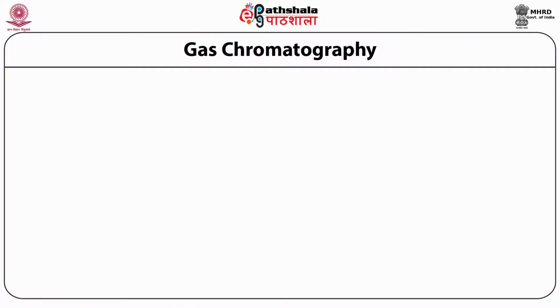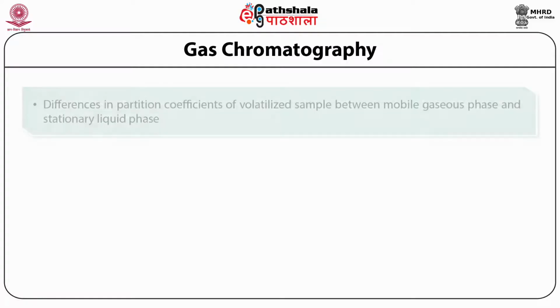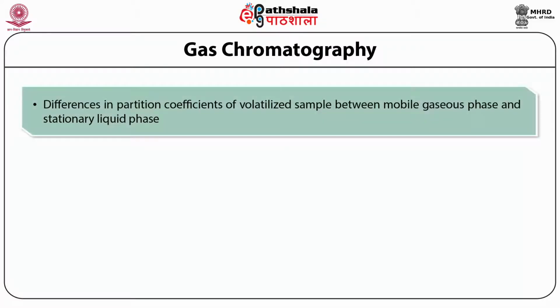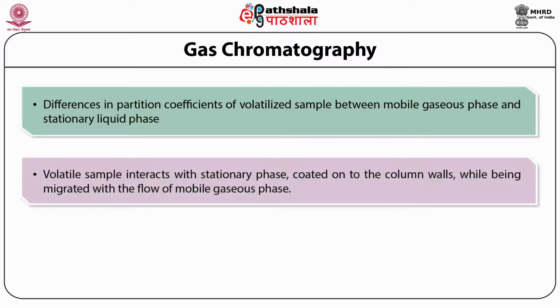The basic principle in gas chromatography is that it exploits the differences in partition coefficient of the volatilized sample between the mobile gaseous phase and the stationary liquid phase as the sample passes through the column. The sample which is to be analyzed is in gaseous phase. It interacts with the stationary phase which is coated onto the column wall.